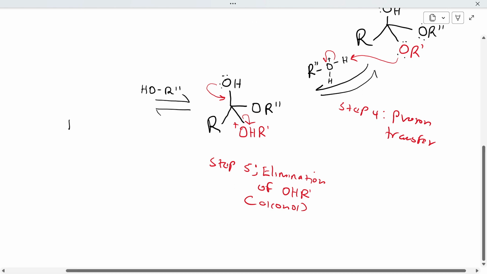For example, R, I'm having R. That is on the other side, I'm having OR. Then on this side, I'm going to have a double bond, but the double bond now is having oxygen that is bonded to a hydrogen with a partial positive charge and a single pair of electrons.